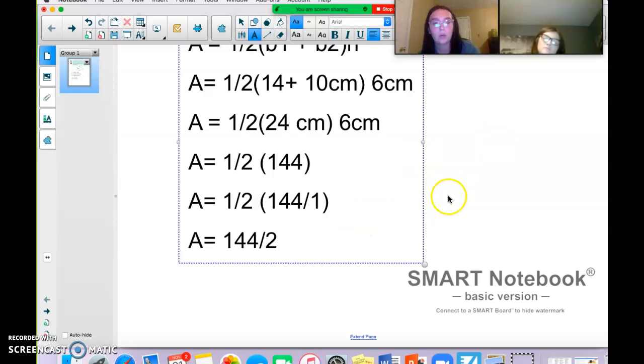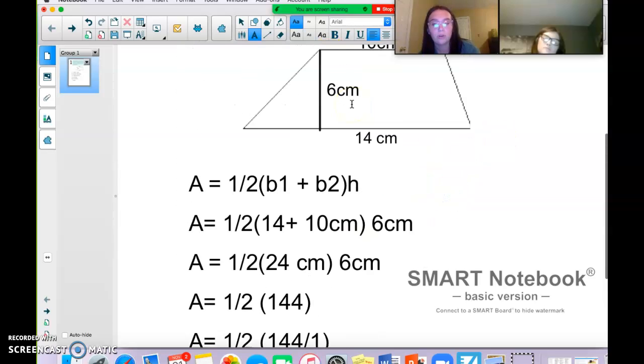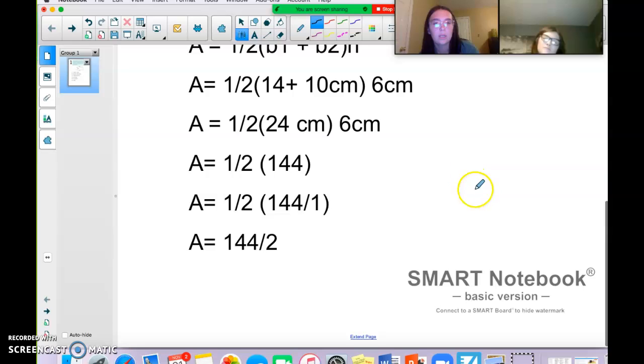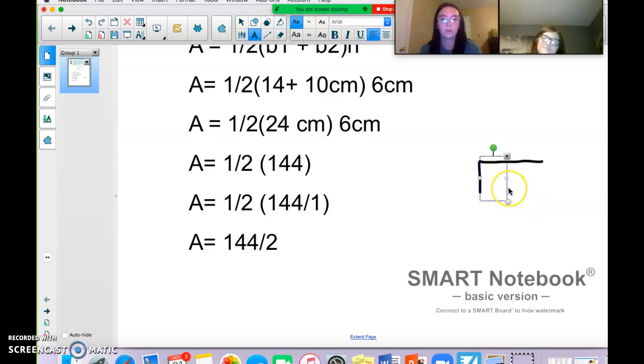Then we're going to divide that to find our overall answer. So we're going to do our little division thing: 144 divided by 2.